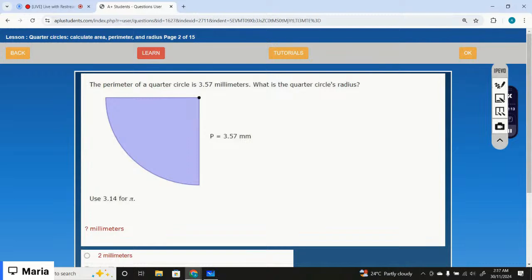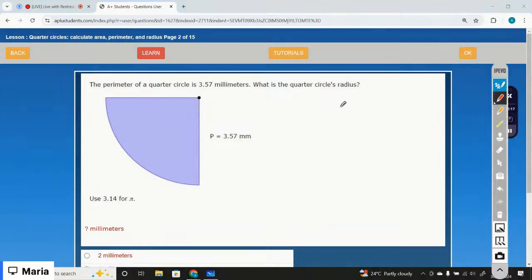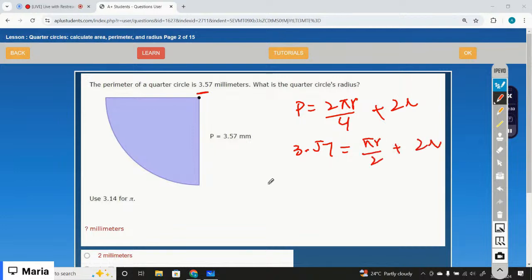The perimeter of the circle is 3.57 millimeters. What is the quarter circle's radius? The formula to calculate the perimeter is P equals 2 pi r divided by 4 plus 2r, right? You are given the perimeter, that is 3.57. So that is pi r over 2 plus 2r. That is 3.14 over 2 r plus 2r.